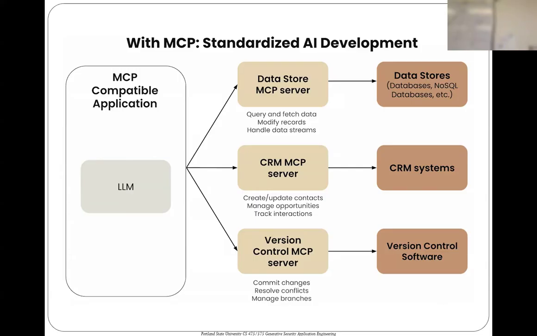This is your customer relationship management server. And this is your GitHub version control server. And then you allow this application to just leverage these things rather than implement them within its own application, which is what you did this week, just because I wanted to show you the pain of that and then show you the way other people do it now, which is via MCP implementations.